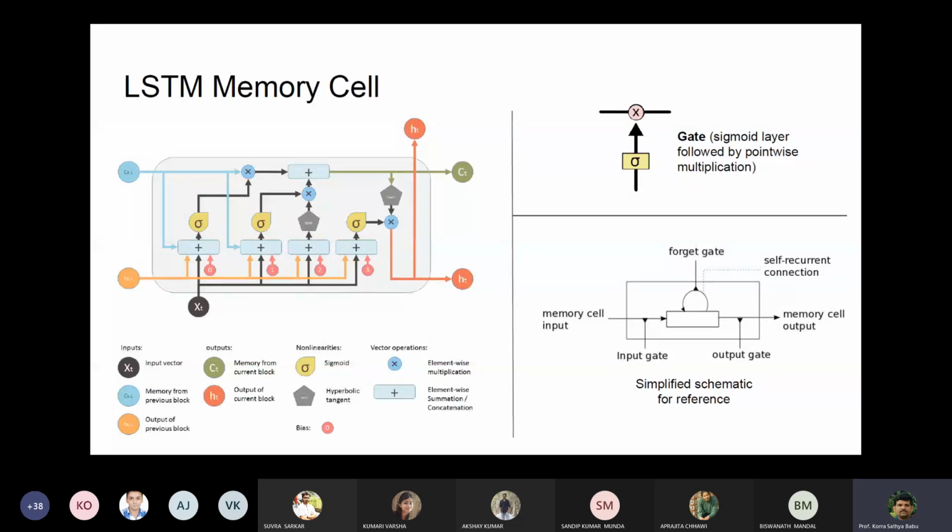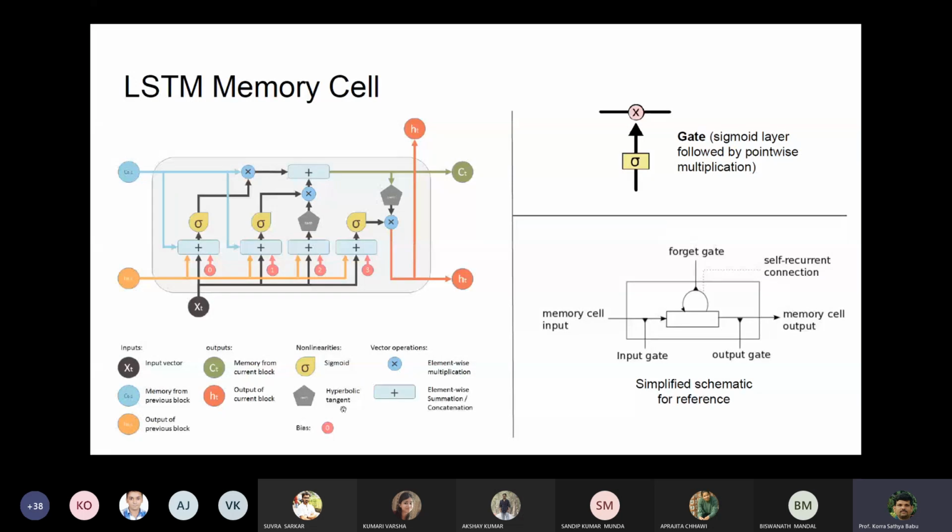We use the activation functions in order to introduce these non-linearities. So we use two activation functions here: one is the sigmoid layer and another is the tanh layer, the hyperbolic tangent layer. Also, b is the bias, to which we give some values.